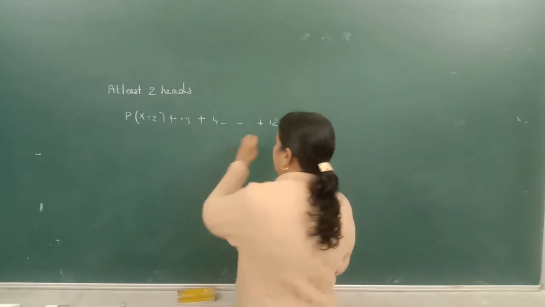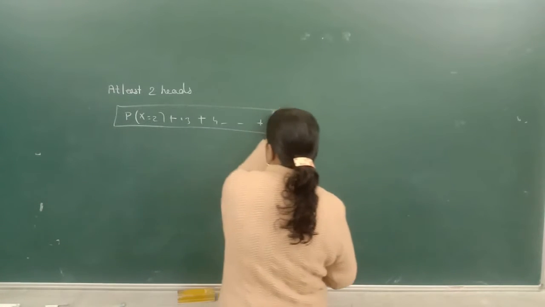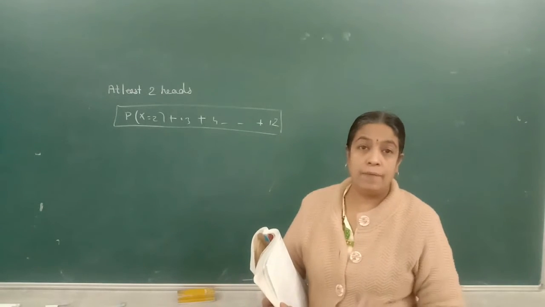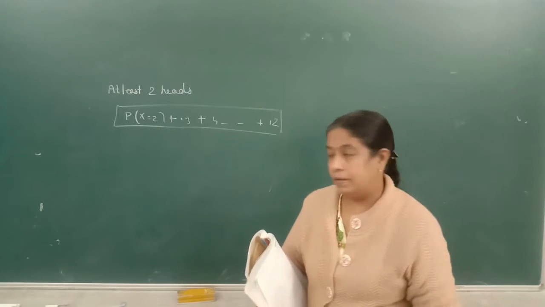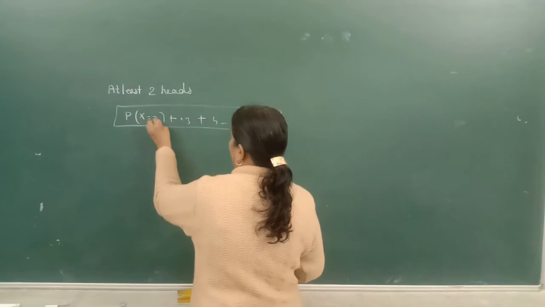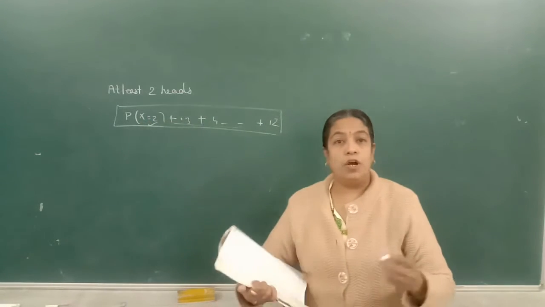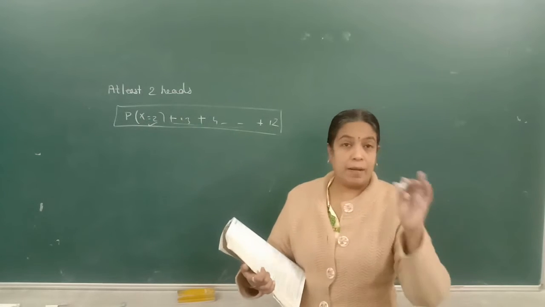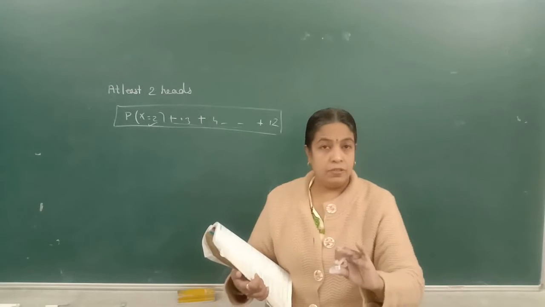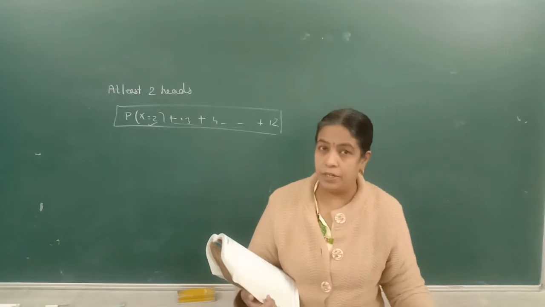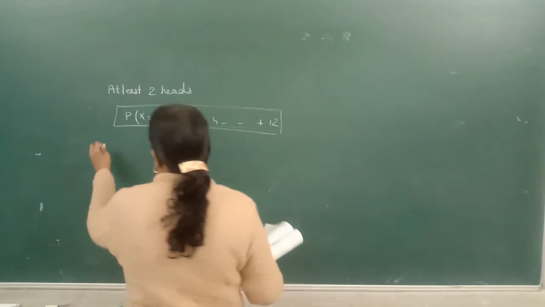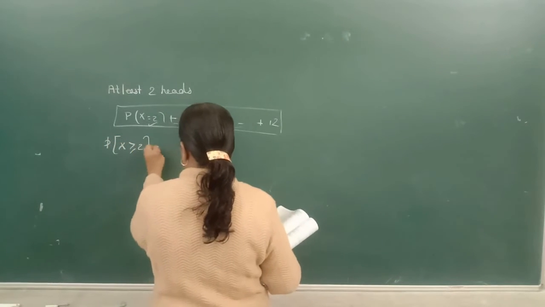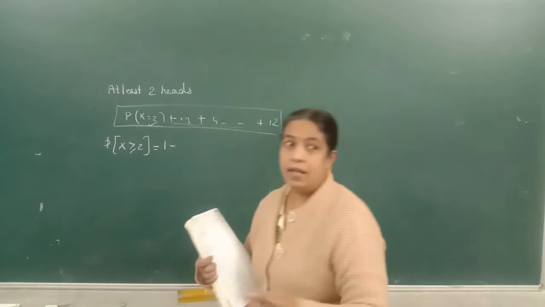But doing this is a very lengthy process, isn't it? You would do x is equal to 2 plus x is equal to 3, but better than that, this thing is there. You want 2 and more than 2, means what you don't want is 2 and less than 2, isn't it? So you can write this as P of x greater or equal to 2 will work for you, and what will not work is less than 2.